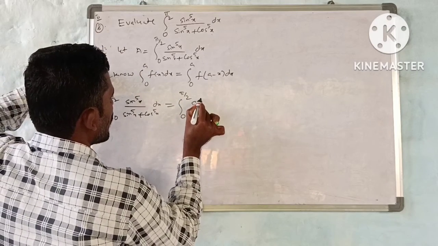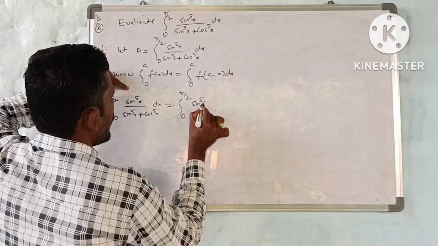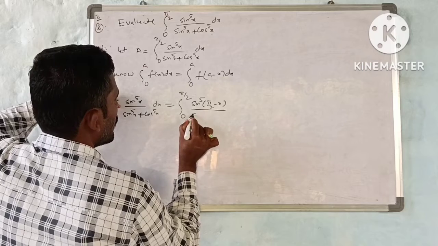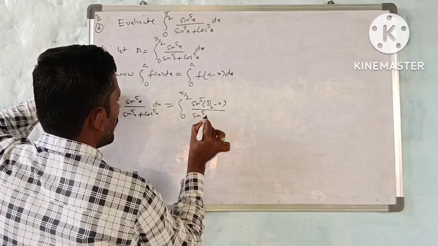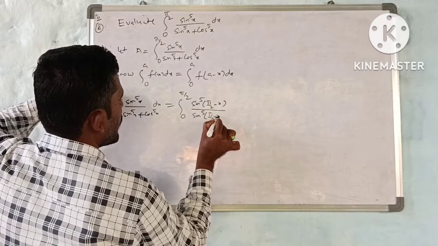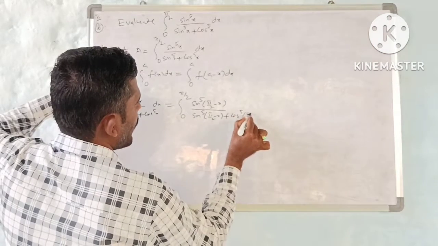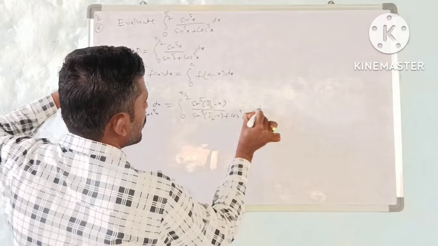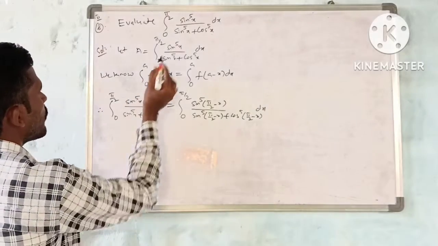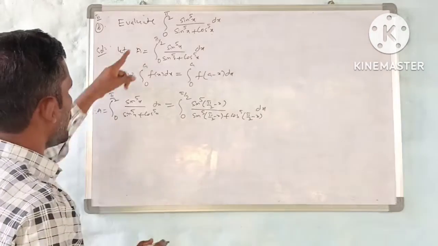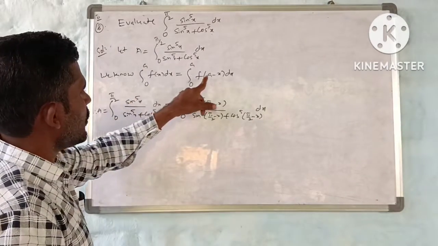So then what will we get here? Sin^n of (pi by 2 minus x) by (sin^n of (pi by 2 minus x) plus cos^n of (pi by 2 minus x)) dx. Here, in place of x, we are taking a minus x.